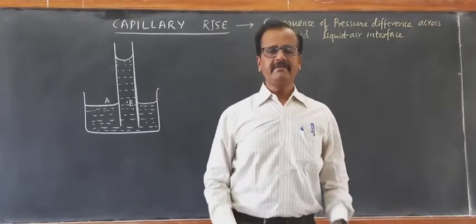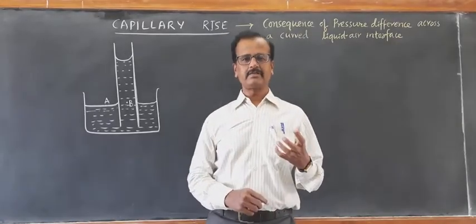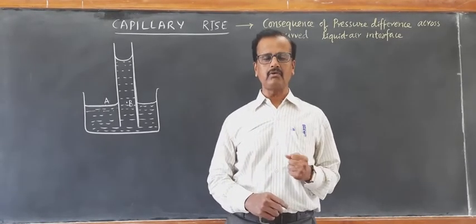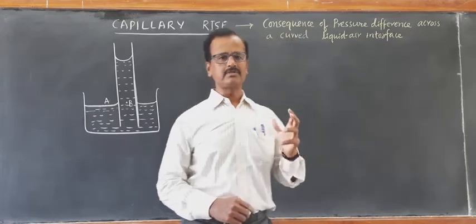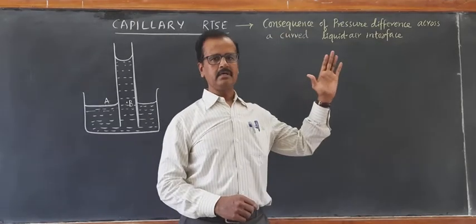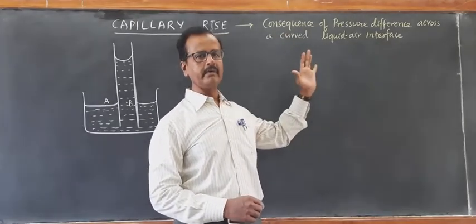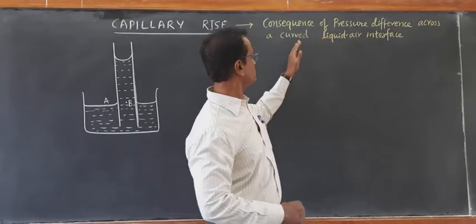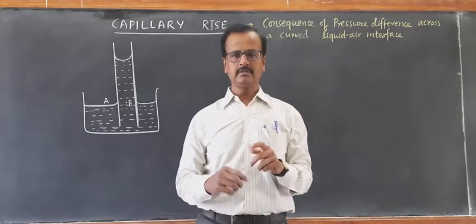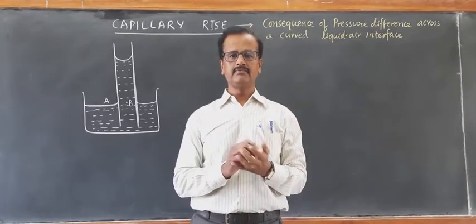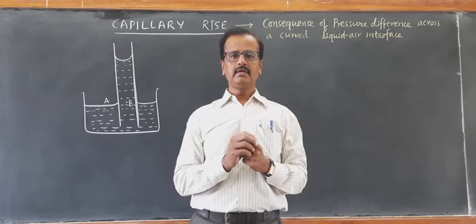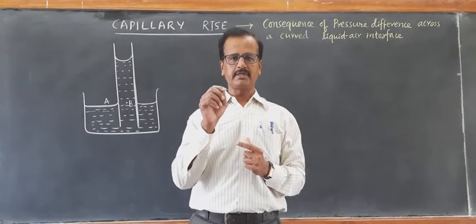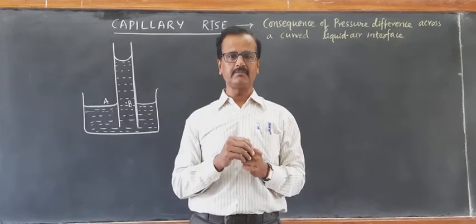Hi guys, once again, it is a very important effect that we are going to learn now. That is a consequence of pressure difference across a curved liquid air interface. In the previous video we have learned that for the formation of an air bubble in water, the internal pressure is greater than the external pressure.